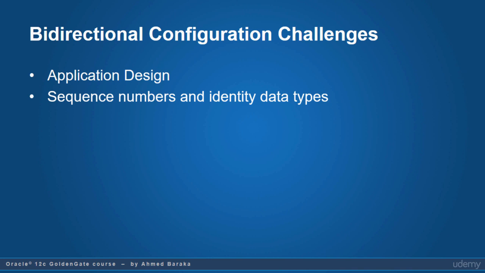You need to maintain the uniqueness among the primary key values in all the databases. You need to make a little configuration setting to handle truncating table commands. This is because the bidirectional configuration doesn't automatically replicate the truncate table statements.